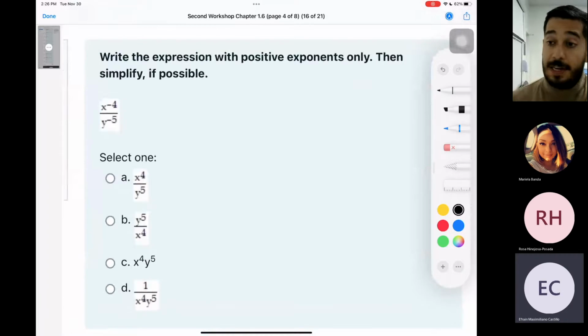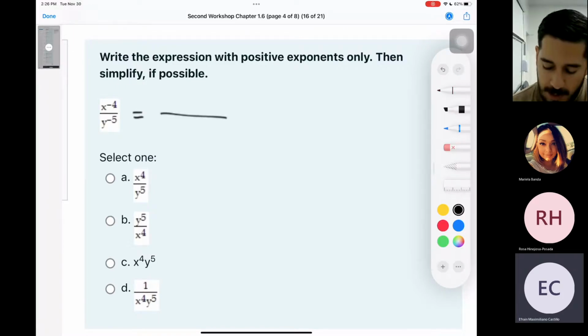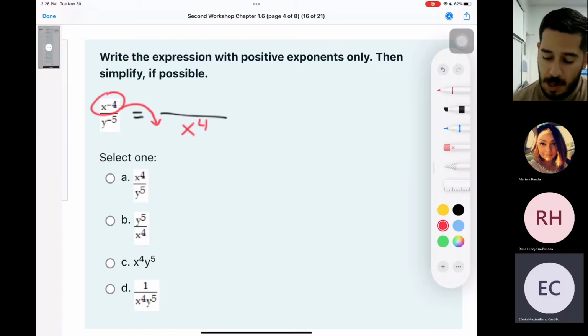Again, I have 2 negative exponents in this case. You might only have one exponent that's negative. That's fine. You just send that one to the other side, right? But if you have 2 negative exponents, then both of those have to change sides. So what I'm going to do here, I'm going to draw my fraction. The x is a negative exponent, so that means it has to go to the bottom because it's originally in the top. It goes to the bottom and it changes to a positive exponent.